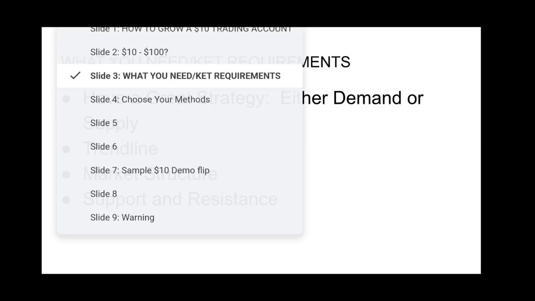Also, I put an example here on the right. That image is an image of me on a demo account. I was testing out a particular strategy, not a strategy per se, but an entry, on a $10 account. This one was not really full margin, but as you can see, I had 7 positions open here: 1, 2, 3, 4, 5, 6, 7 positions.